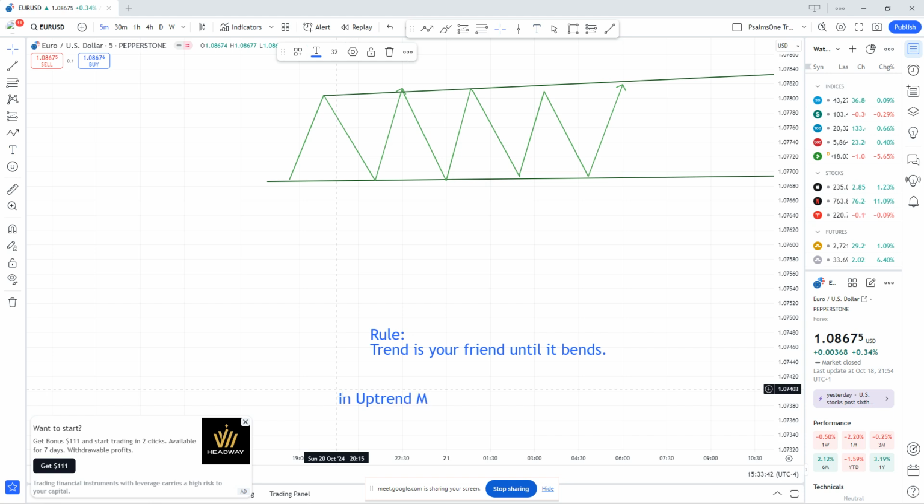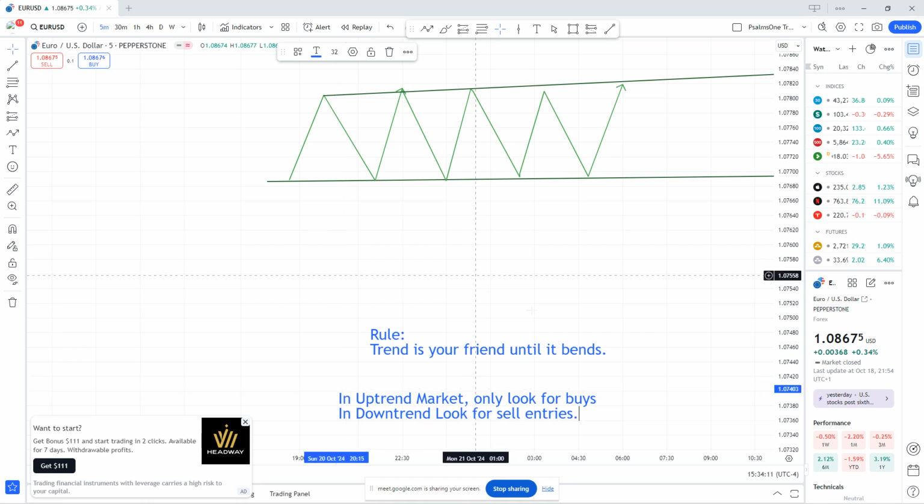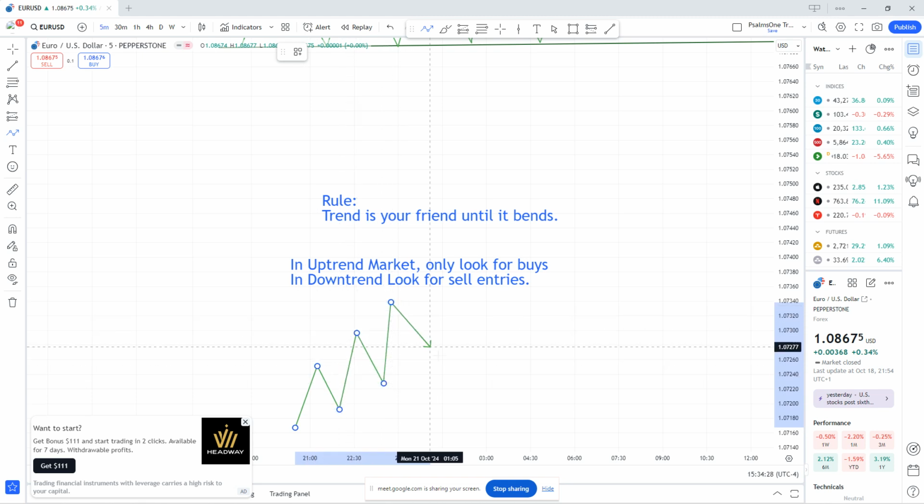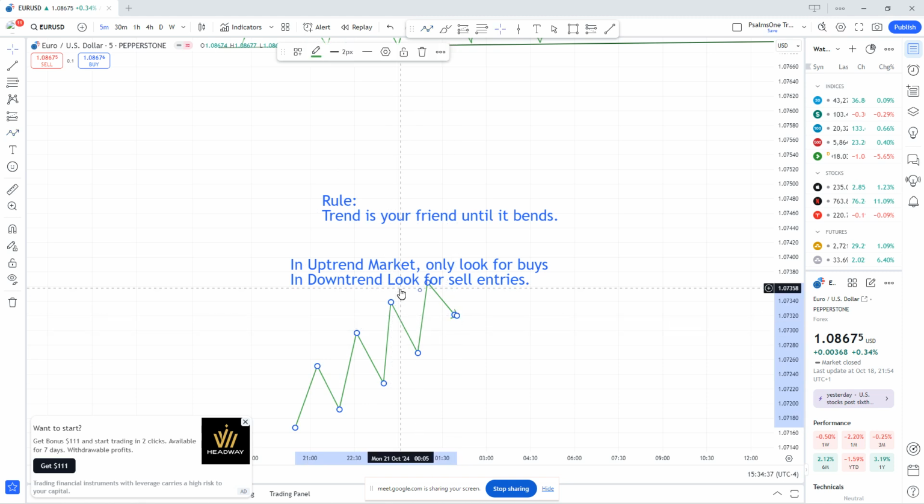Uptrend. The market is trading up, only look to buy. As you have experienced in the last market with an uptrend, you will be seeing higher highs, higher lows, higher highs, like that.